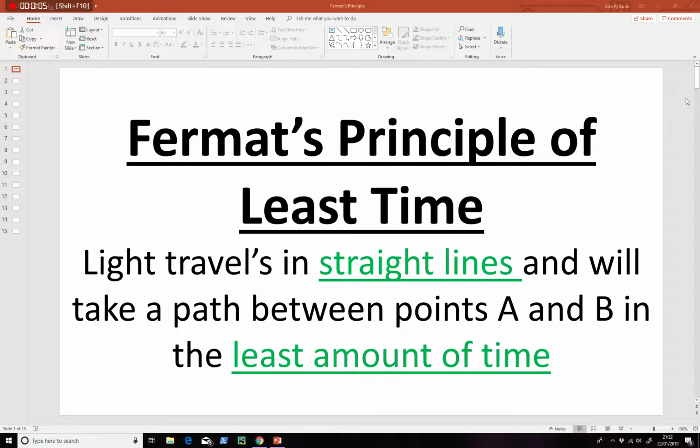So Fermat's principle can basically be categorized under the wave theory of light, and it actually follows mathematically from Huygens' principle, where Christiaan Huygens talks about light being a series of waves propagating via a wavefront, and that wavefront continues to propagate due to wavelets on the wavefront, creating secondary waves.